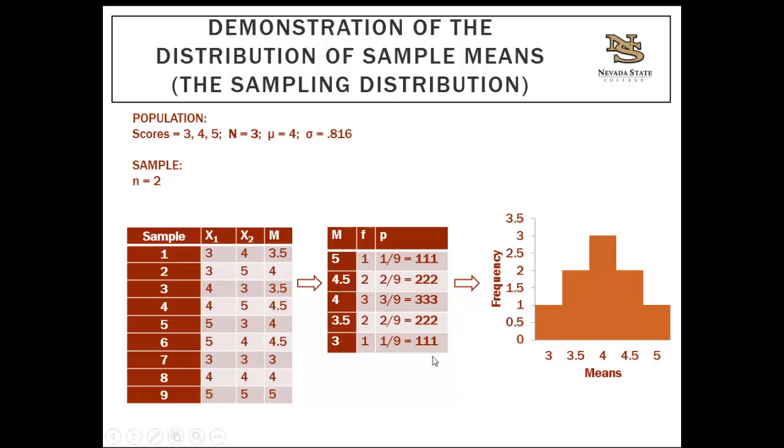So you don't have to go through this process of figuring out every single possible sample mean of a specific sample size from the population and then create a frequency distribution table and then put it in a graph. It's unnecessary, but I wanted to demonstrate this for you so that you understand what is the contents of the distribution of sample means, or in other words, the sampling distribution. It's all these possible means of a specific sample size from a given population.